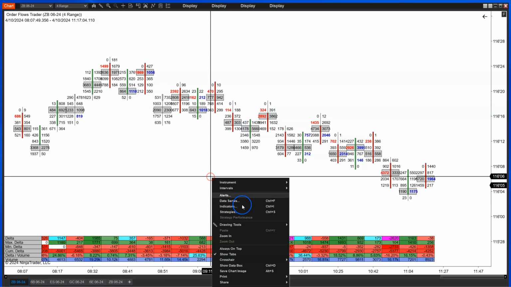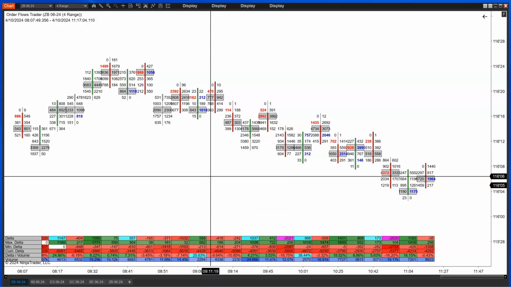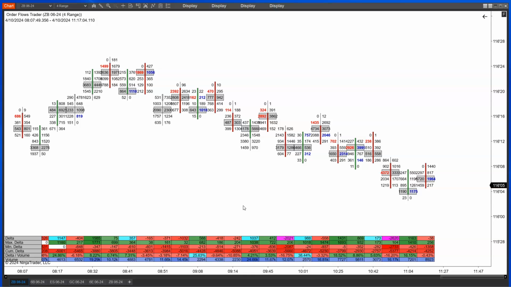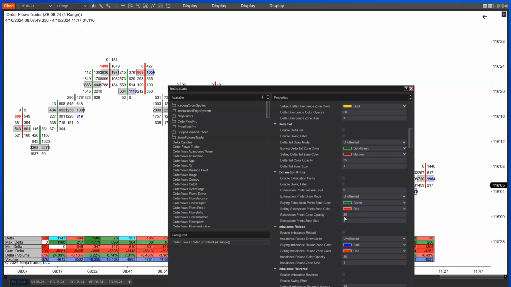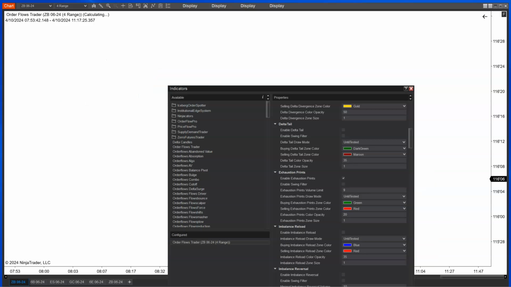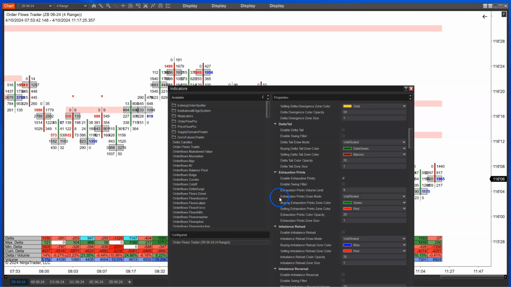That's why I created the Orderflows Trader, to help traders identify things very quickly. That was an imbalance reversal right down here, but something as simple as an exhaustion print, which is very little volume.